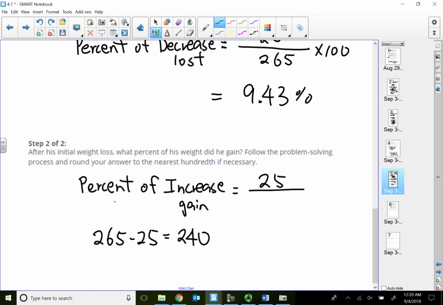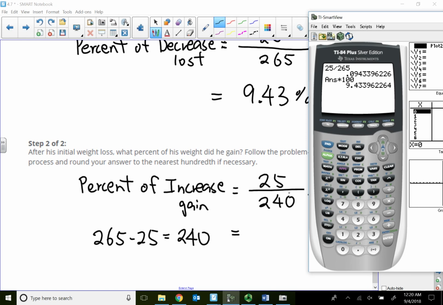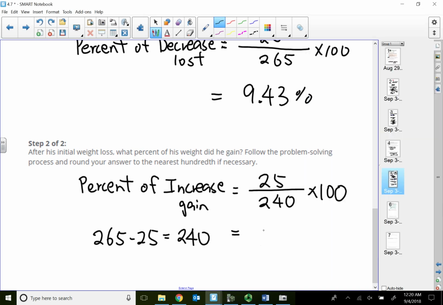So when we talk about percent of increase or percent of gain, it is the gain divided by where he was from. This time he was from 240, and gained back 25 pounds, so 25 divided by 240 times 100. See, the answer is different. He actually gained back 10.42%.